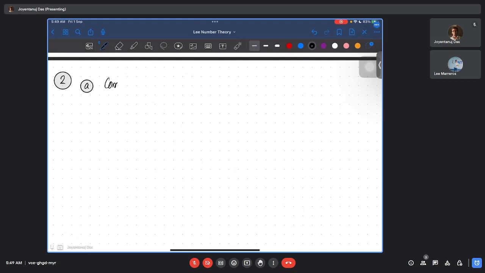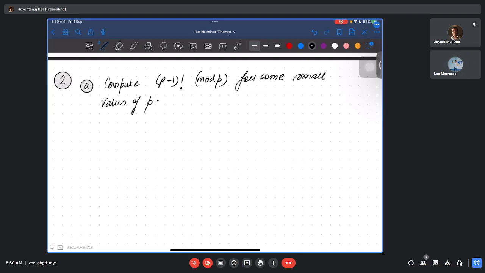So here they are asking: compute p minus 1 factorial modulo p for some small values of p, and try to find a pattern.